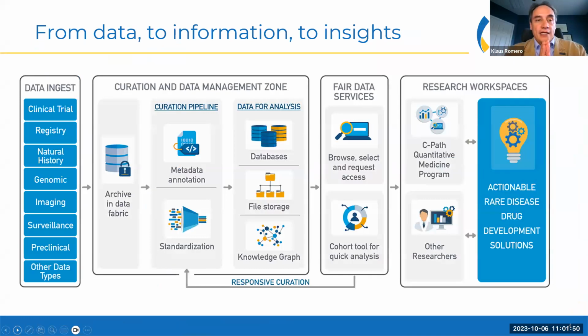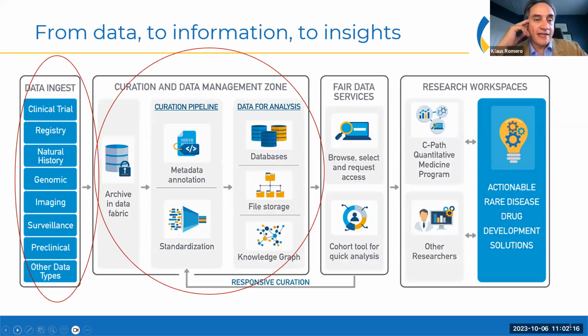So the bottom line is this. We're going to be talking about the transformation of data into information, but importantly, the transformation of that information into actionable insights to drug development. It all hinges on the ability to integrate as many relevant data sources as possible.